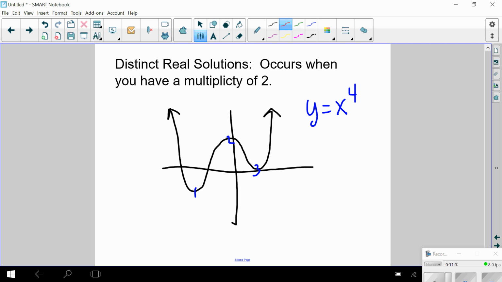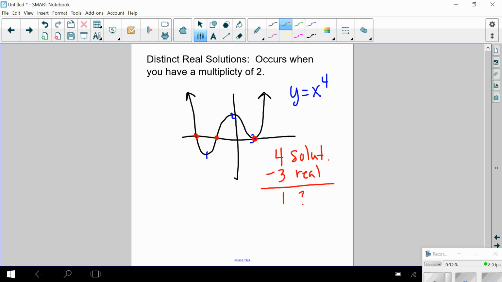How many times does this graph touch the x-axis? 1, 2, 3 times, correct? Okay. Well, from what we just talked about, if my degree is 4, that means I have 4 solutions. I subtract my 3 real, and that leaves me with 1.